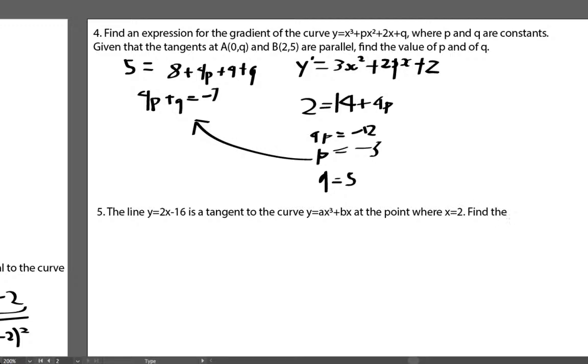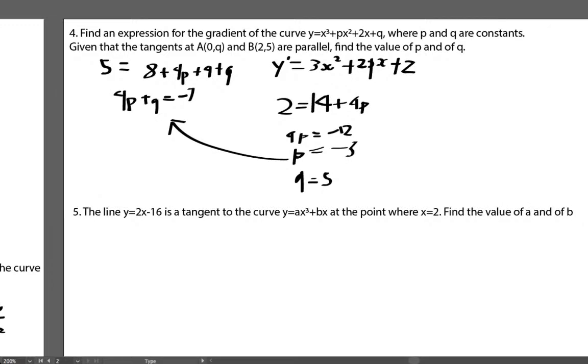Find the value of a and of b. So you have this line which is tangent to the curve at the point where x equals 2.